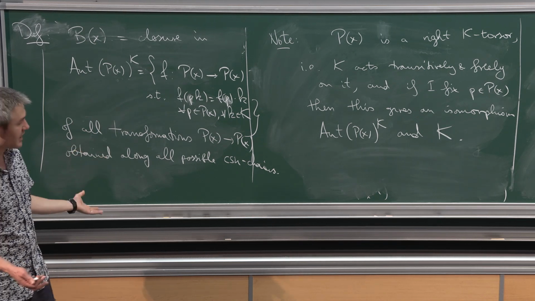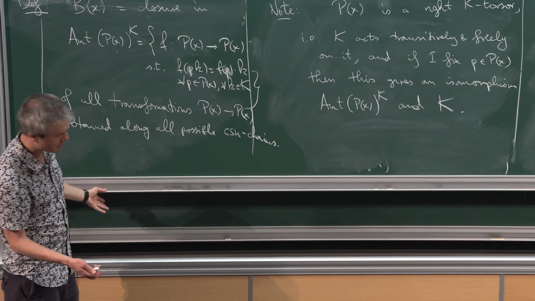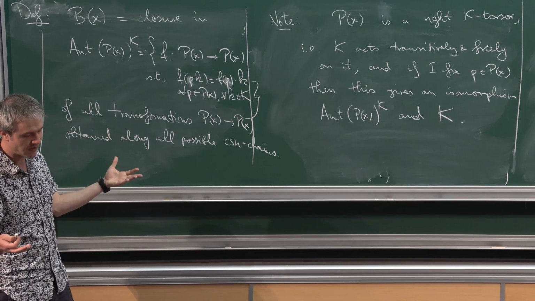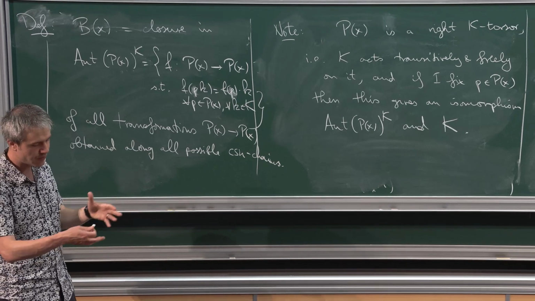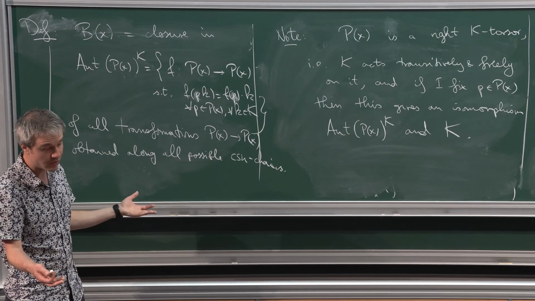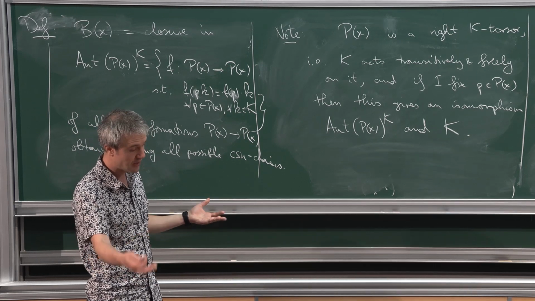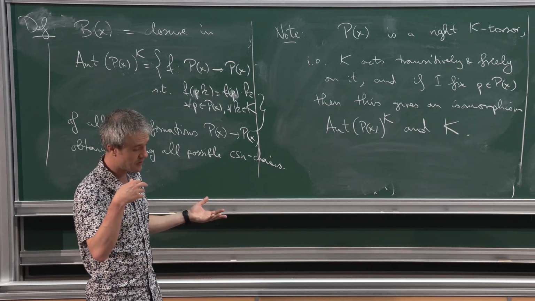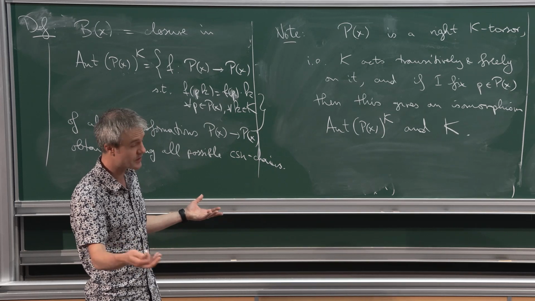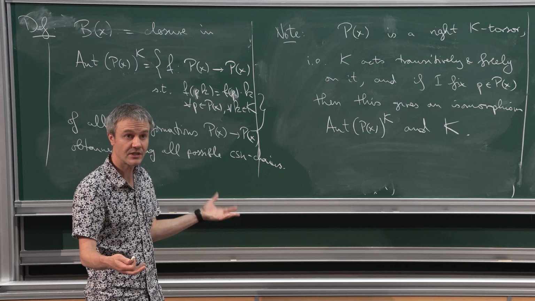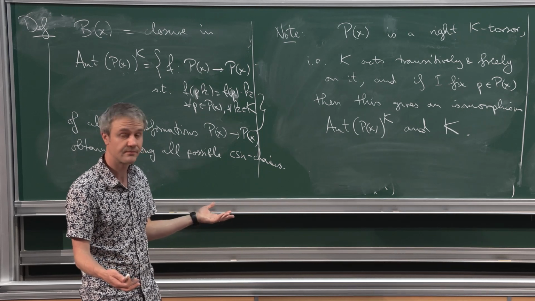So we had this example earlier on the previous board, where if I had two vector spaces with positive definite quadratic forms, I have the set of possible isomorphisms. There's no choice of a canonical isomorphism, but I can act on the right using one change of bases, and I act transitively and freely, and I can act on the left using another change of bases, and I again act transitively and freely.